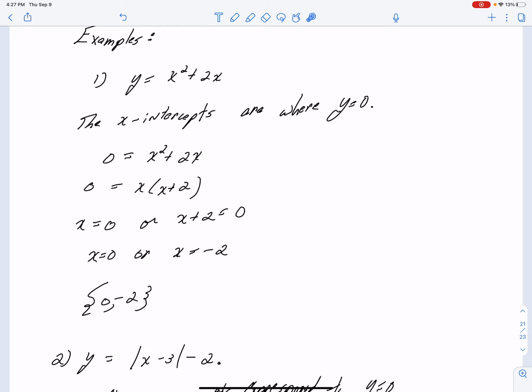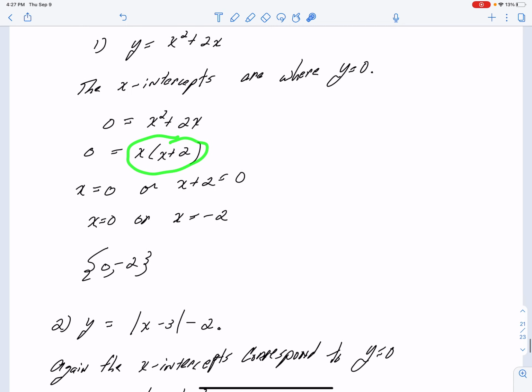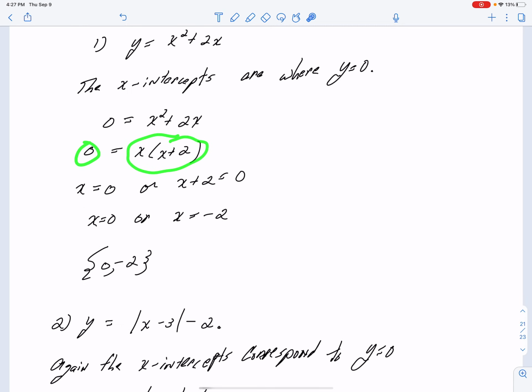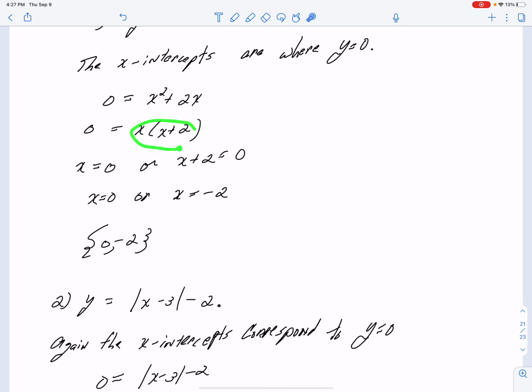I factor x squared plus 2x because it has a common factor of x in it. And I get 0 is x times (x plus 2). Here I have two things multiplied that give me 0. What can I say? One of them has to be 0.